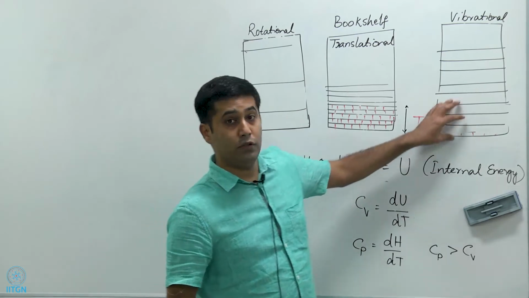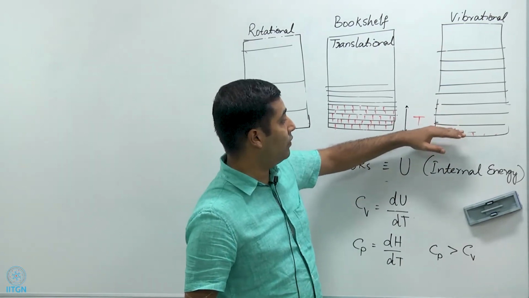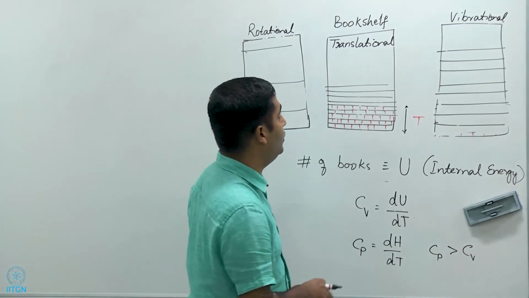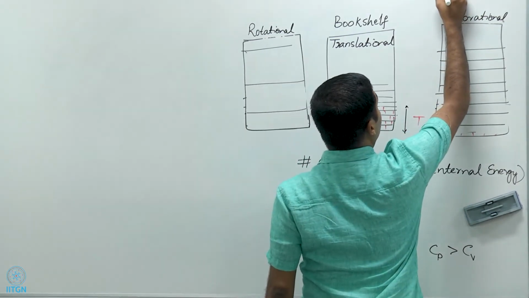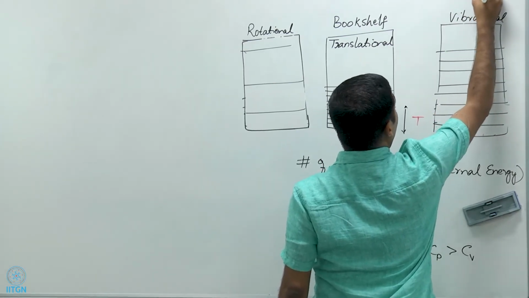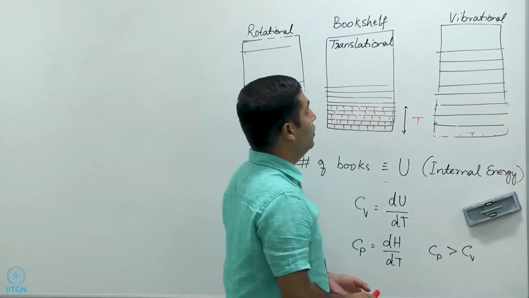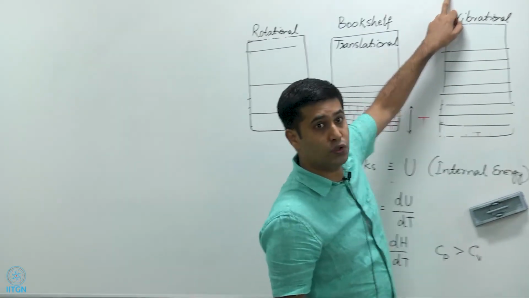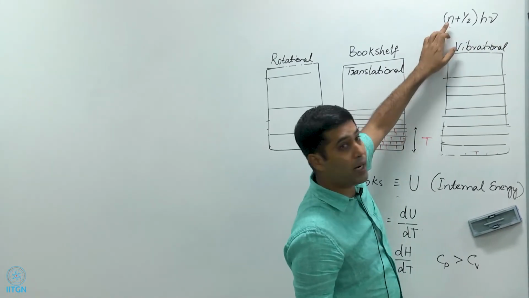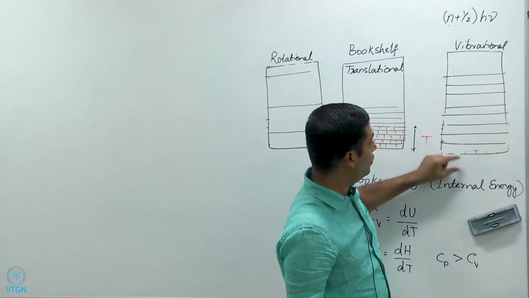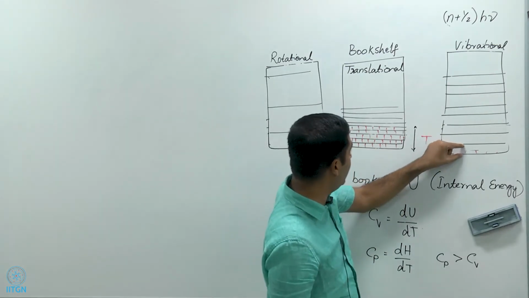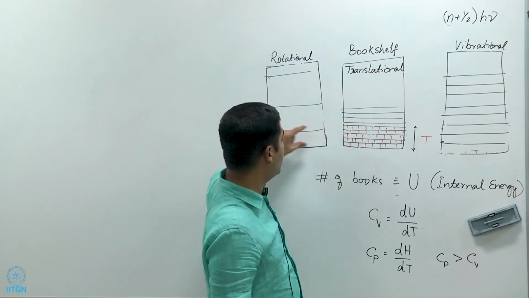Notice that these are equispaced because the energy levels, or the heights of the bookshelves, are separated by h nu. Why h nu? Because energy is (n plus half) times h nu, right? And so, between n equal to 0 and n equal to 1, I have h nu. Between n equal to 2 and n equal to 1, I still have h nu. So, the energy levels are equally spaced, but this spacing is not the same as this spacing, right?